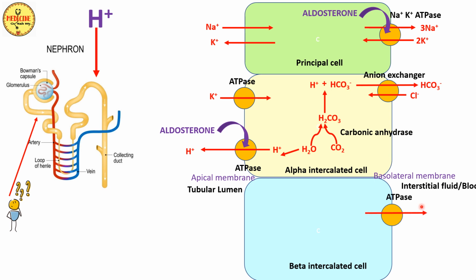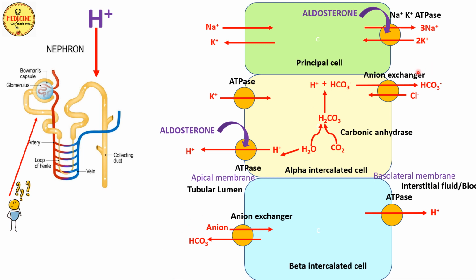Here the ATPase is located in the basolateral membrane and it secretes hydrogen ions into the interstitium of the blood, which was not so in the alpha intercalated cell. In the alpha intercalated cell, H+ was secreted into the tubular lumen. Here it's the opposite. And here you have an anion exchanger which transports bicarbonate ions into the tubular lumen in exchange for an anion, and mostly it is thought to be chloride.